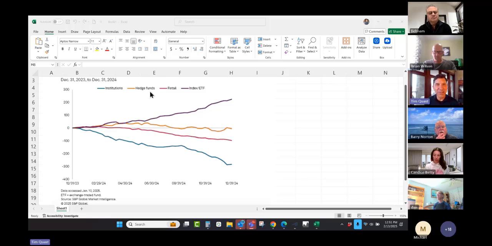Actives, they say hedge funds, there's another way we would think of this, but just think of these as stock pickers, hedge funds who are long, short, retail, you and me, indexes and ETFs. And if you look at the lines, there's one net buyer: indexes and ETFs.